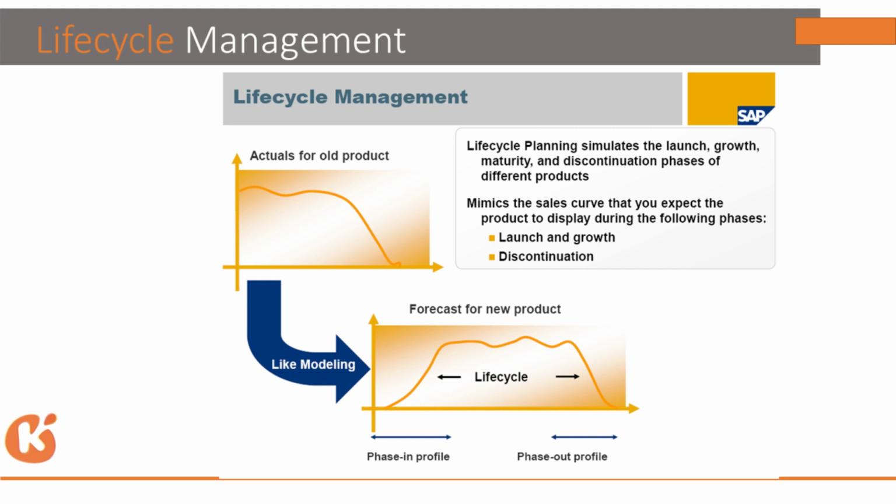Say for example, I have a product. I want to introduce the product in March 2014 and I want to discontinue the product in December 2014. I don't want to generate a forecast for the next 24 months for it. For all the products, I am generating the forecast for the next 24 months, but for this particular product, we are going to stop by December 2014. So I don't want forecast after December 2014. For that, we can apply phase in and phase out.